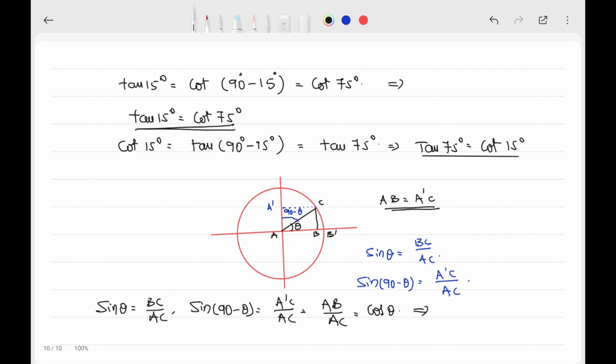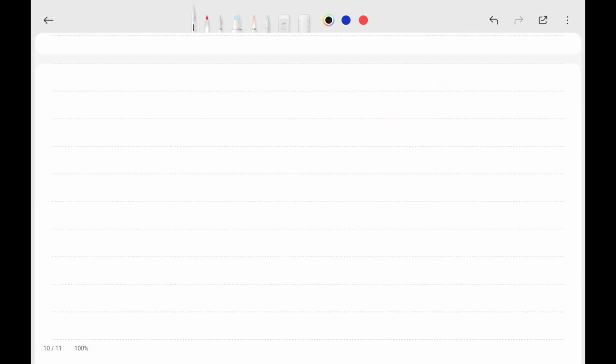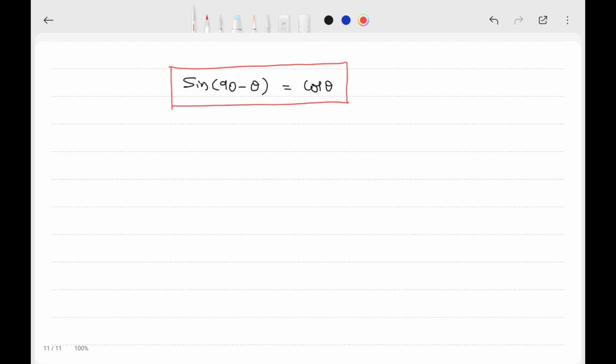That implies sin 90 minus theta is equal to cos theta. Similarly, prove it for homework. Prove that cos 90 minus theta is equal to sin theta.